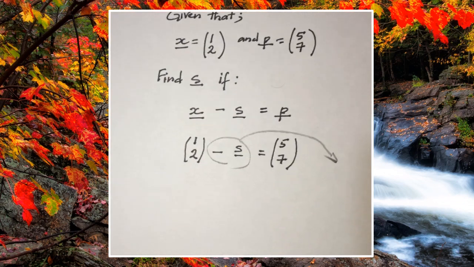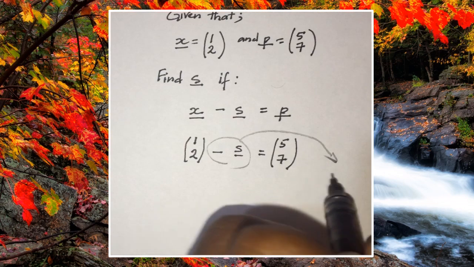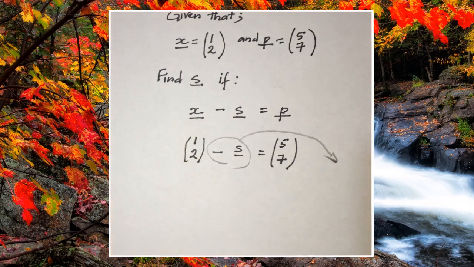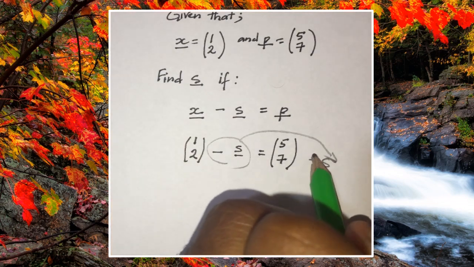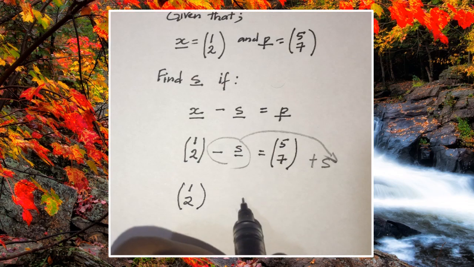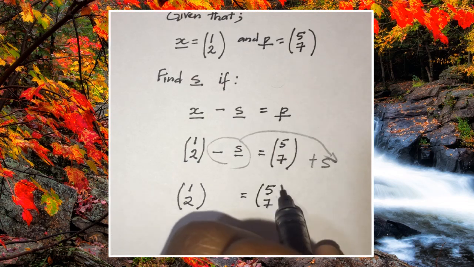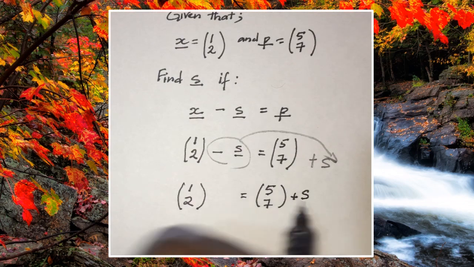So like how this one is negative, when I jump the equal sign it's going to become a positive s. So I'm going to have 1, 2 is equal now to 5, 7 plus s.